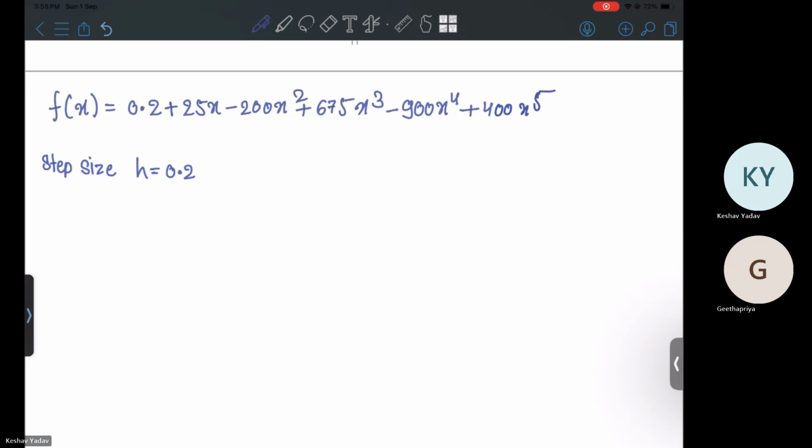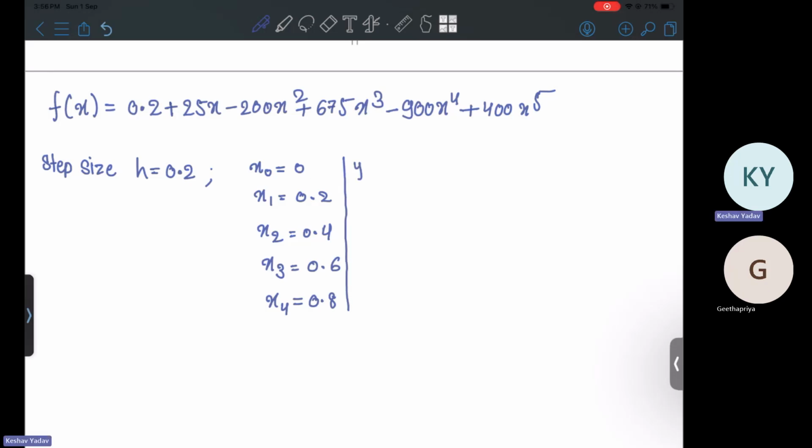So with step size 0.2, what will be the values of x? x0 will be 0, x1 will be 0.2, x2 will be 0.4, x3 will be 0.6, and x4 will be 0.8.